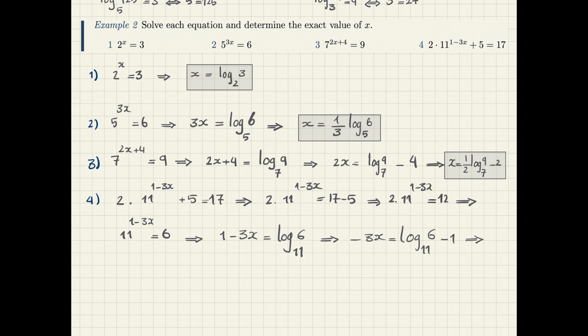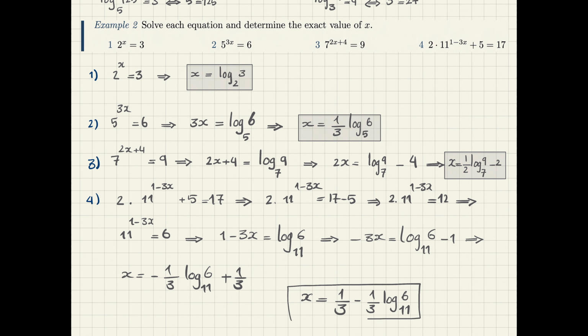So this becomes x equals minus 1 over 3 log of 6 in base 11, plus 1 over 3. If you know that I'm an optimistic person, I prefer to write the positive one first. Of course, it is not mandatory at all. So this would be the exact value for this equation.